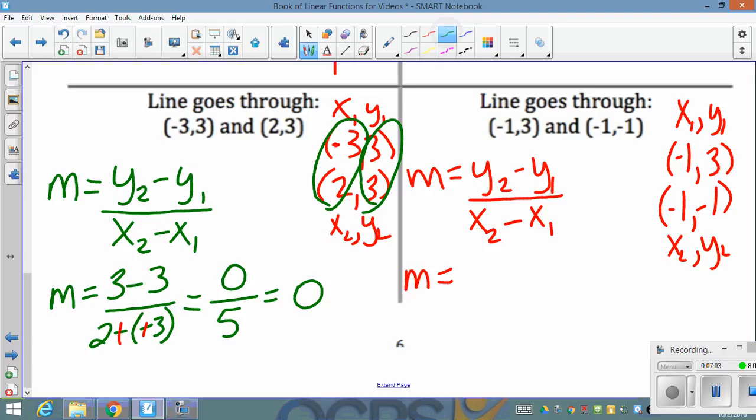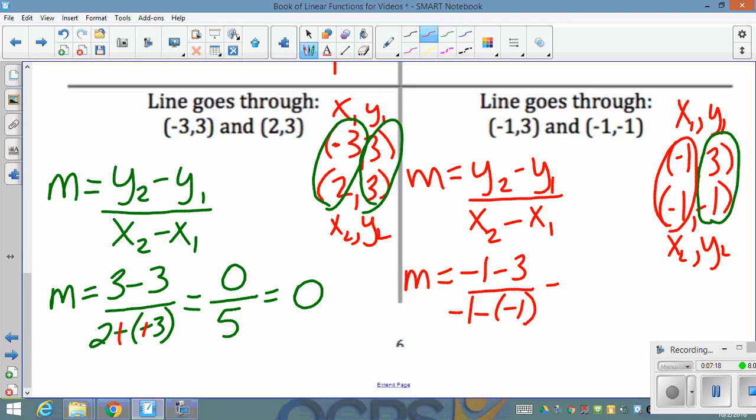So I'm going to get negative 1 minus 3 over negative 1 minus a negative 1. In my numerator, the signs are the same, so I add and keep the sign. In my denominator, change my minus a negative to plus a positive. Negative 1 plus 1 is 0.